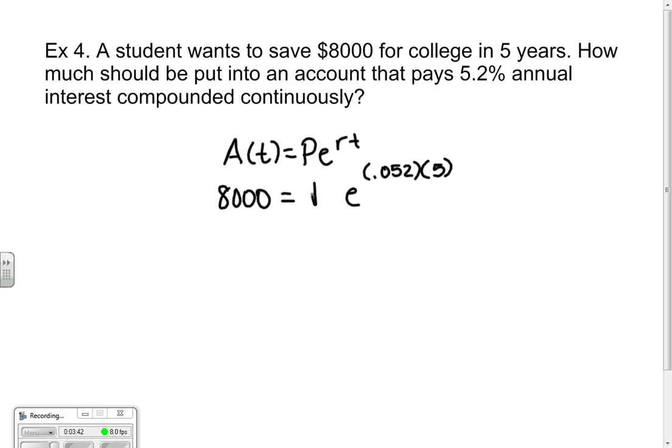So now, this one's a little different because we're actually solving for P. Take a second and find that quantity in the calculator. Make sure you have a bunch of decimal places.